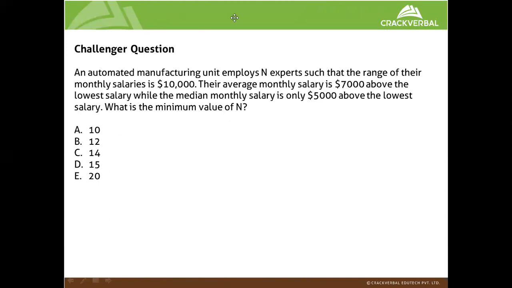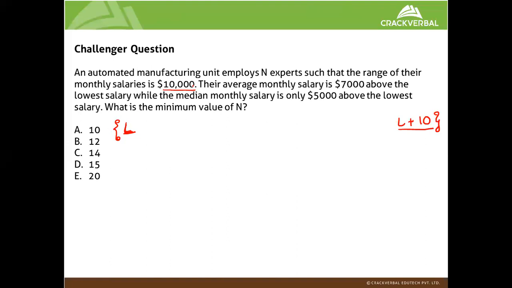So what Arun is saying is this. He's keeping the lowest salary to be L. Now I know the highest salary is going to be L plus 10,000. I'm again forgetting the zero here, guys, so just bear with me on that. The highest salary has to be L plus 10,000 because clearly the range here is given to me as 10,000.